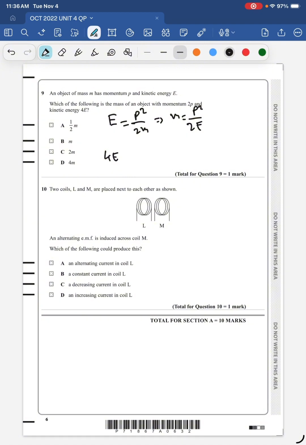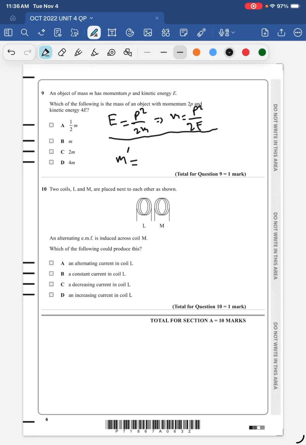So that's the first particle. Which of the following is the mass of an object with momentum 2p and kinetic energy 4e? Actually, let's solve for the mass immediately. So m prime would be 4p squared, right?